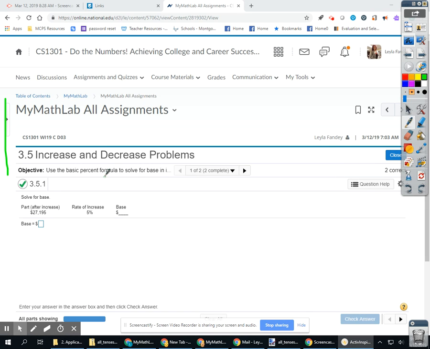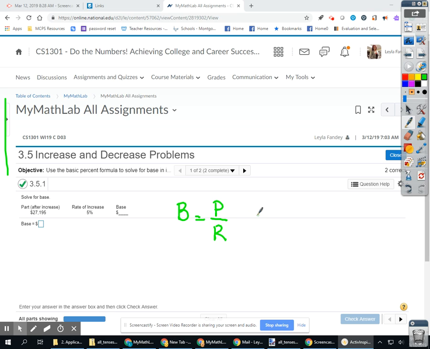So this is an increase problem. It says that after an increase, you have 27,195, and it has been increased by 5%. That means that there was originally an amount here which was increased by 5% to result in 27,195. So we know that because we're looking for the base equals part over rate.